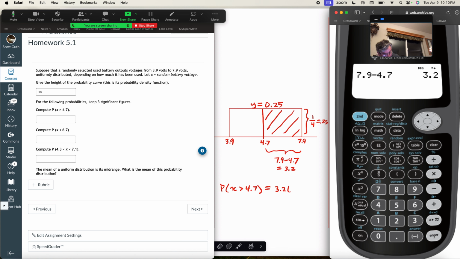The height is 0.25. So I think this will be 0.80. Let me just see here. 3.2 times 0.25 is 0.8. All right, 0.80 or 80%. But here we'll just put in a 0.80.